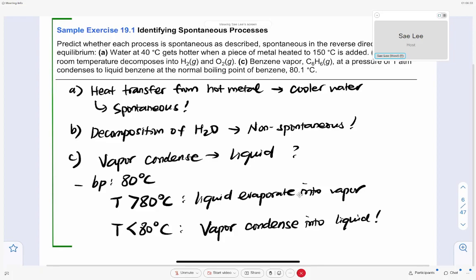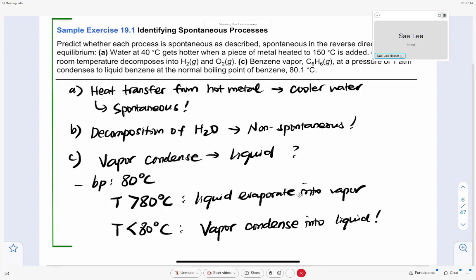At what condition will the vapor condense into liquid naturally, spontaneously? It's going to be at this temperature, below the boiling point, because that's a spontaneous process. How about temperature higher than 80 degrees Celsius? Will this occur spontaneously? No. At this temperature, this process is considered a non-spontaneous process. At this temperature, only liquid evaporating into vapor is considered a spontaneous process.